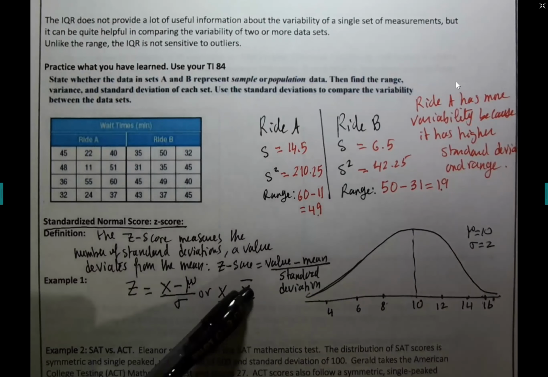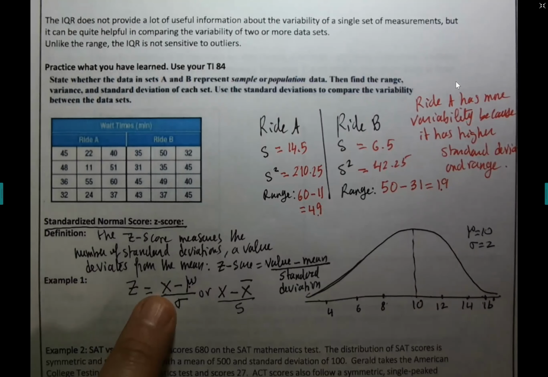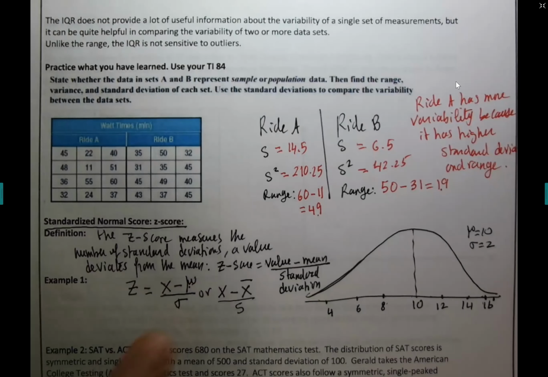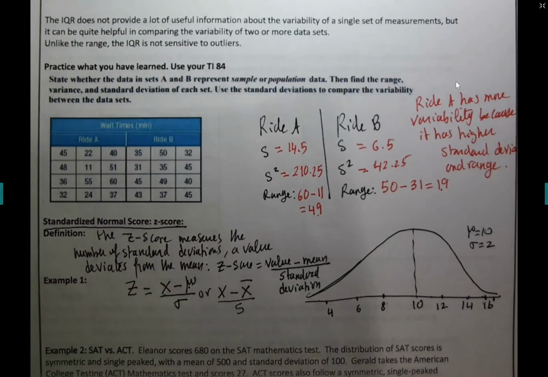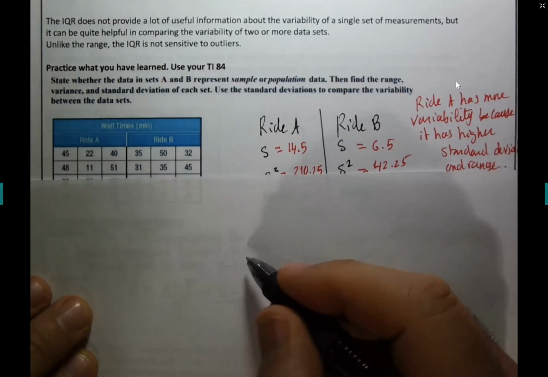Those two formulas, guys, will allow us to compute the z-score. So it's a value minus the mean divided by the standard deviation.